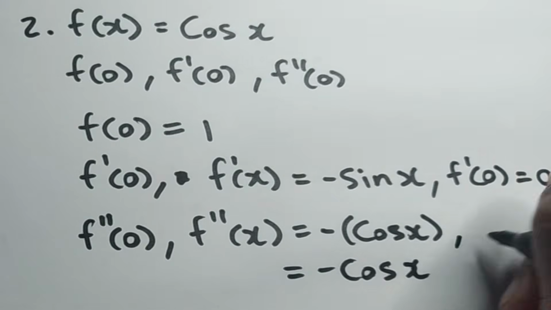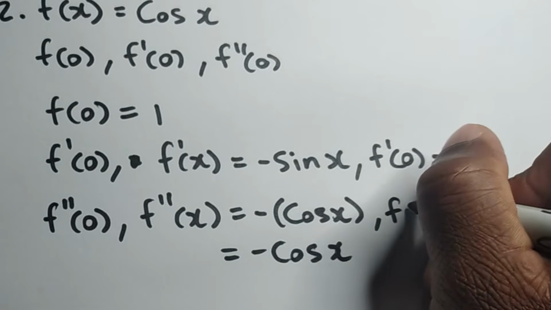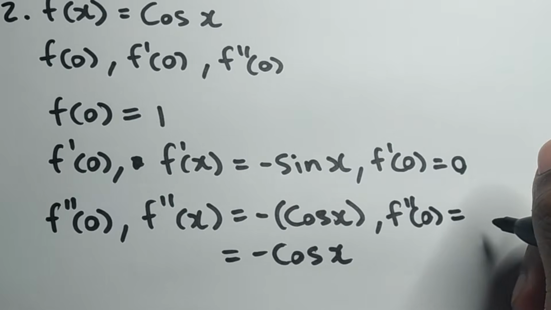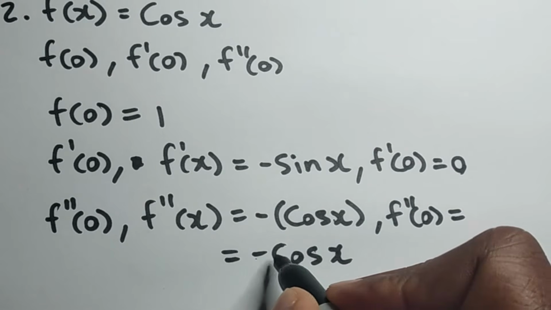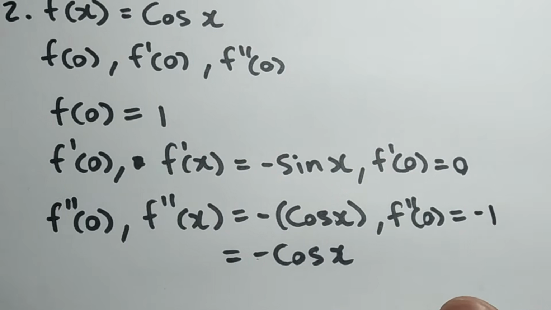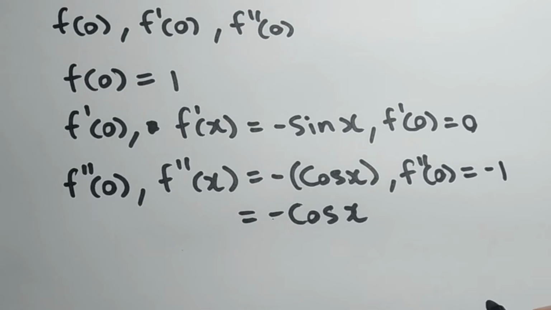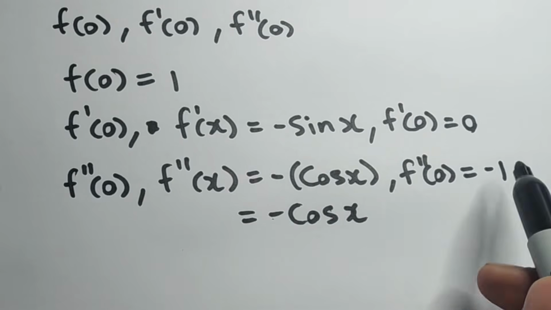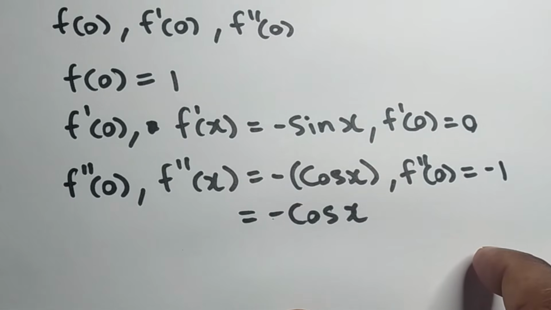And if we substitute 0 into this function, again, cos of 0 is 1, and we have a negative there, so we'll have negative cos of 0, which gives us negative 1. So if we substitute 0 into the second differential of f of x, we'll obtain negative 1.